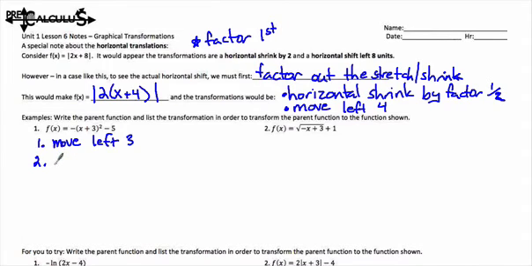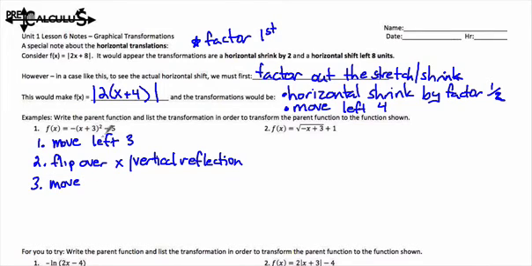What's happening here is we are going to flip over x, which is a vertical reflection. Okay, so we've taken care of this. We've taken care of this last one right here. It's still outside, so I know it's going to affect this function vertically. So number 3, we are going to move down 5.